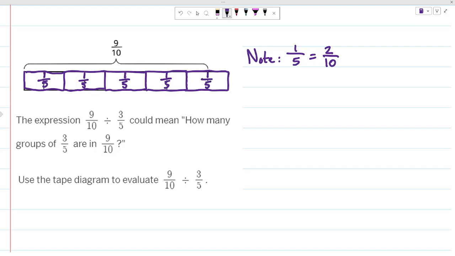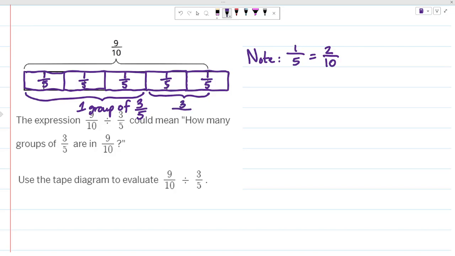So now I can look at how many groups of 3/5 are in 9/10. So here's one group of 3/5. And then for the next group, look, I have 1, 2, 3 of the parts that I need total for a group of 3/5.